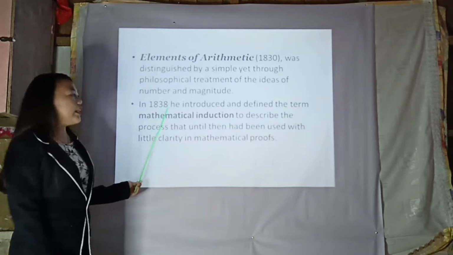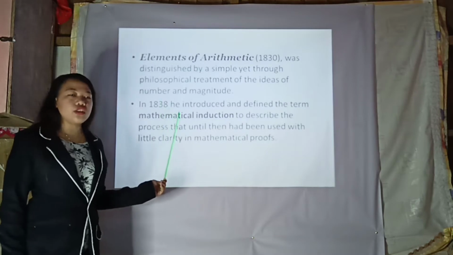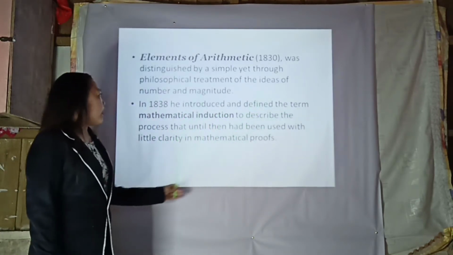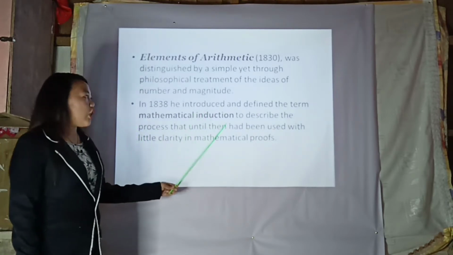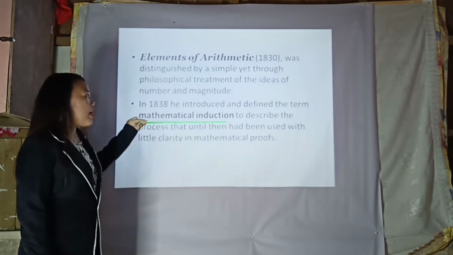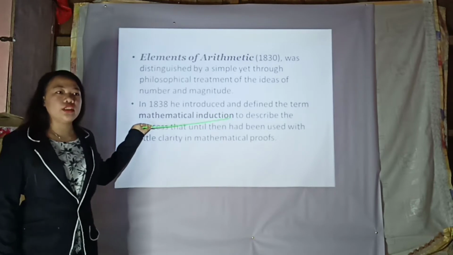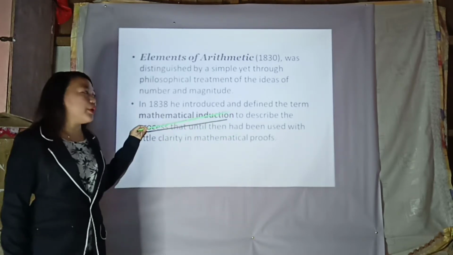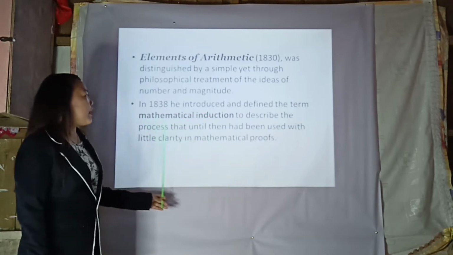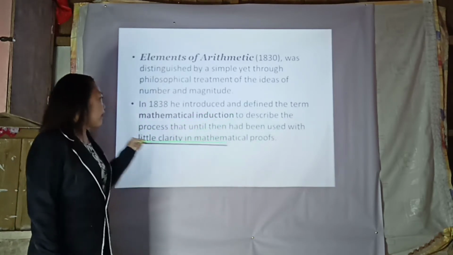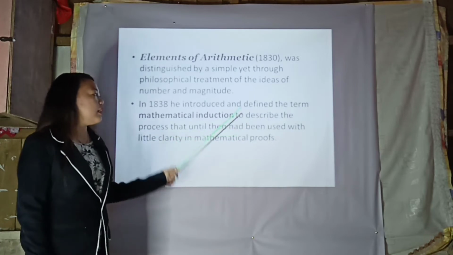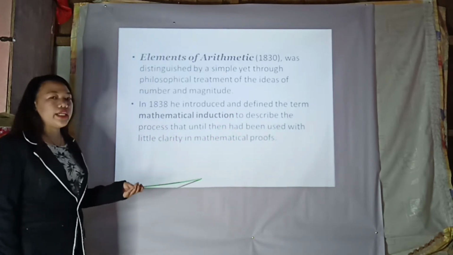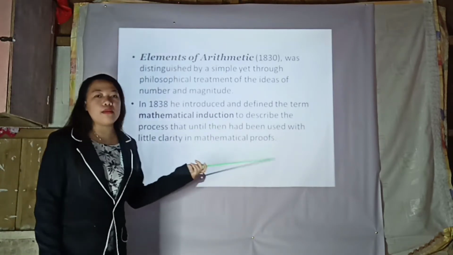And in 1838, Augustus de Morgan introduced and defined the term mathematical induction. Mathematical induction falls under number theory. It describes a process that until then had been used with little clarity in mathematical proof.